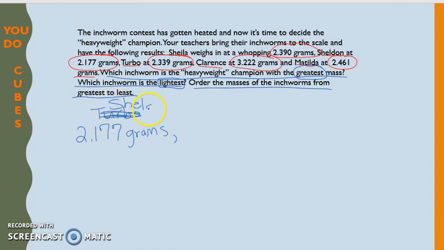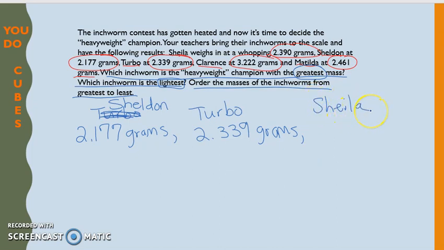This is Sheldon. We have Turbo at 2.339 grams. We have Sheila at 2.390 grams.